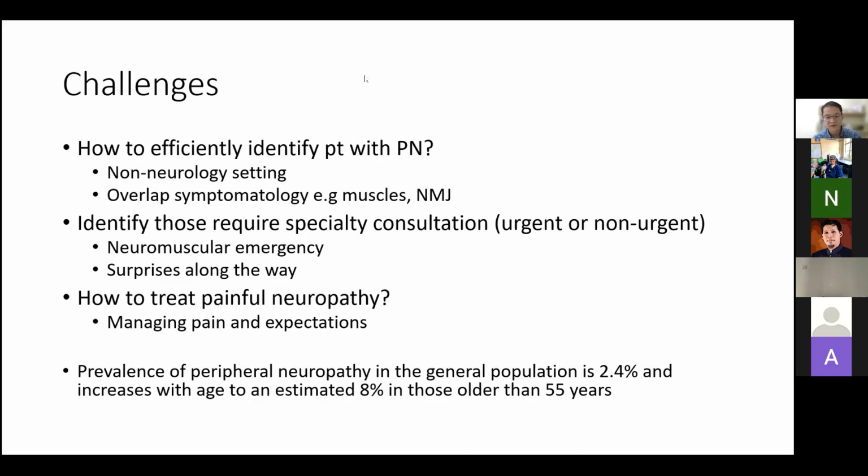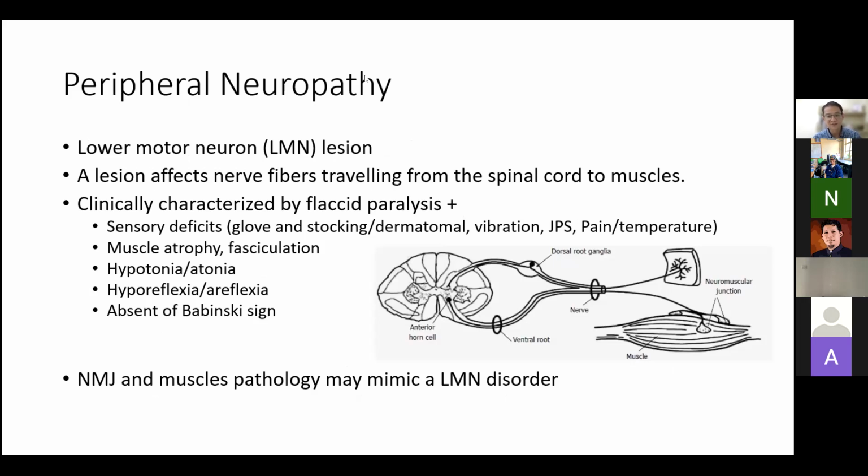So how common is peripheral neuropathy? In the general population, it probably runs about 2.4%, but in those older than 55 years, 8% of them might come to you with peripheral neuropathy. Let me give a short recap of what Prof. Kamaru mentioned.